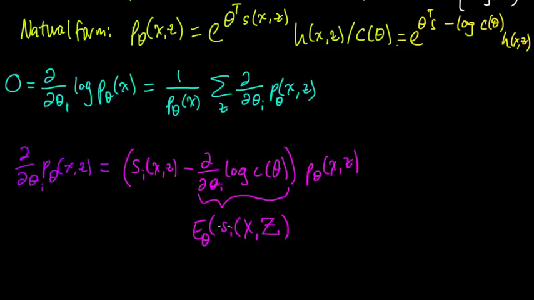This is the expectation over x and z, and to distinguish it I'll put little caps on the capital Z's. Remember these s's were called the sufficient statistics, each of the different components of this vector valued function s. The derivative of the log gives you the expected value of the ith sufficient statistic.